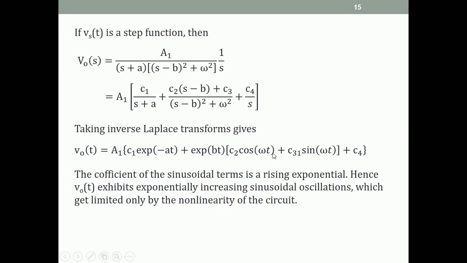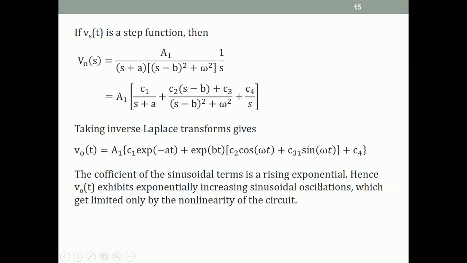It's a sinusoid that rises exponentially with time, and therefore the system will show sustained oscillations whose magnitude is limited by the nonlinearity of the circuit. So we had seen last time that the exponential magnitude of a circuit is limited ultimately when transistors go into triode or turn off.